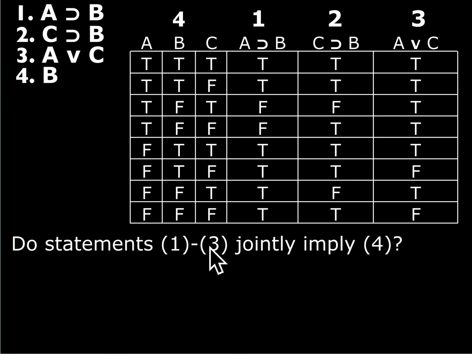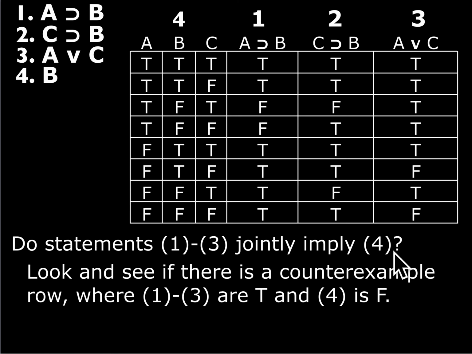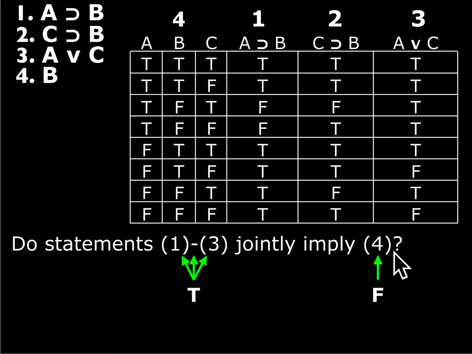So first, do 1 through 3 jointly imply 4? And as always, all we're doing is looking for a counterexample row where 1 through 3 are true but 4 is false.